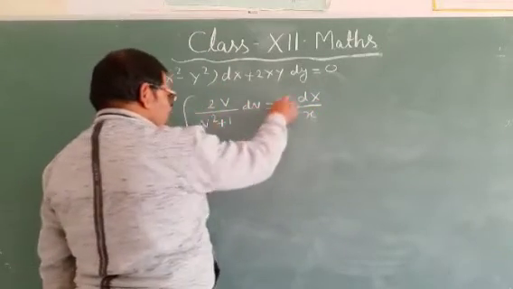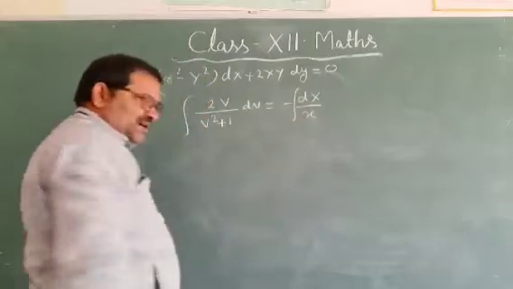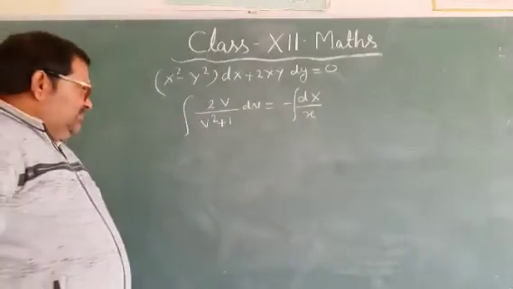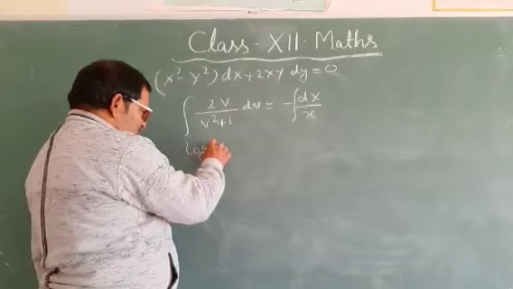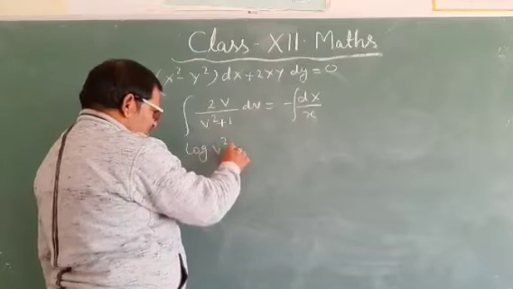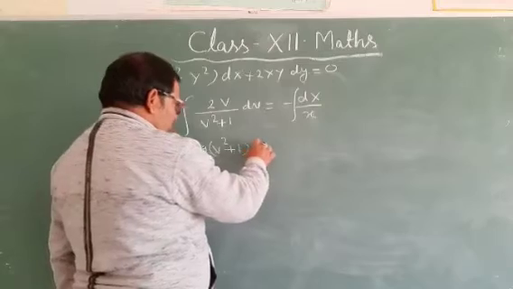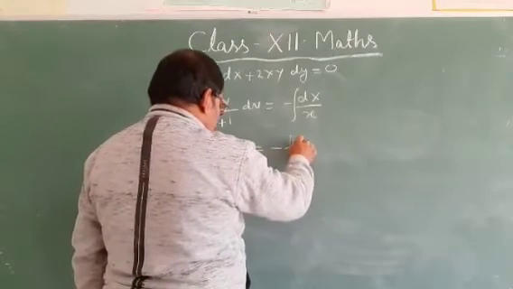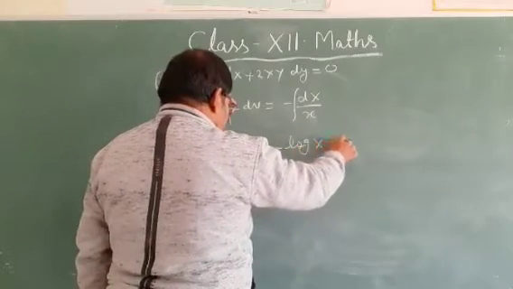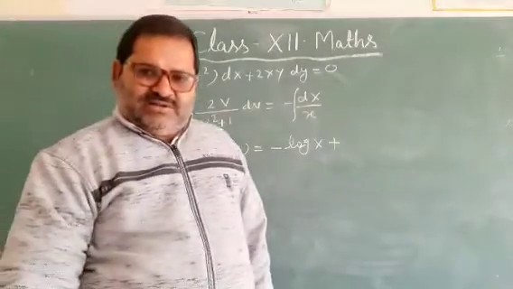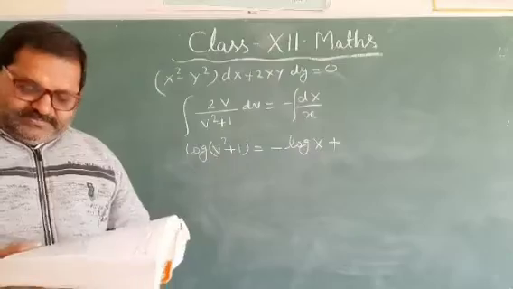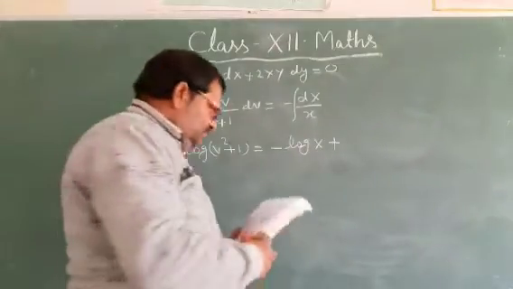Now we integrate both sides and we get log (v square plus 1) equal to minus log x plus log c.